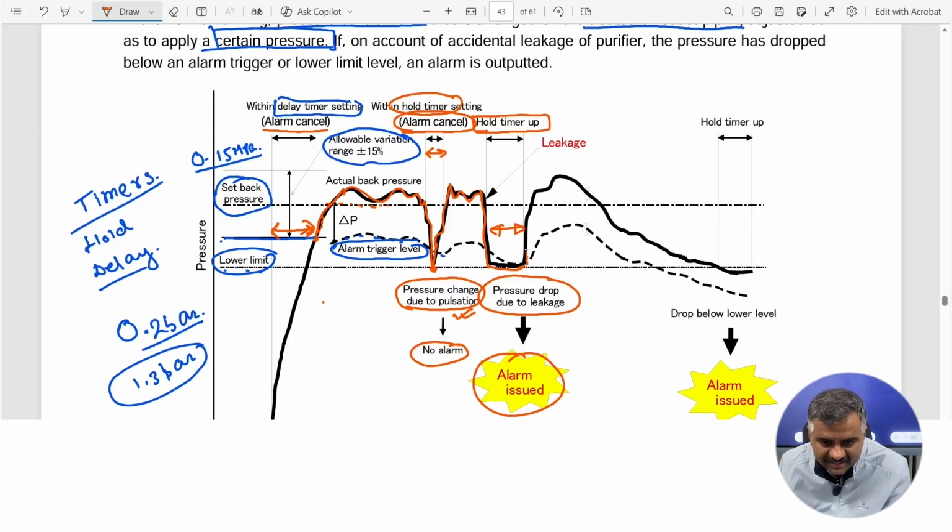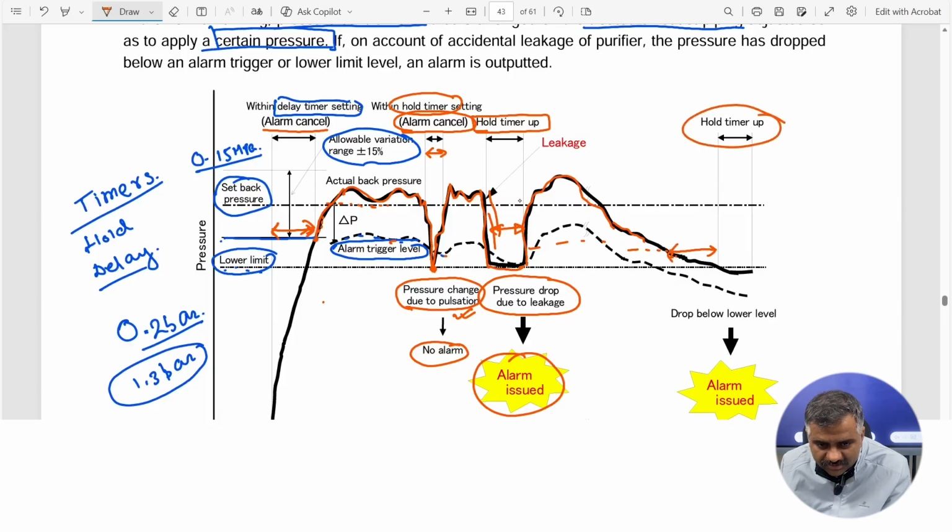When we reset the leak alarm, the pressure again stabilizes, and then it has started dropping. In this case there was a sudden drop, but the alarm will not be issued in this case. So the pressure has started dropping. This is the alarm trigger level here. Until a certain period of time, there was this hold timer.